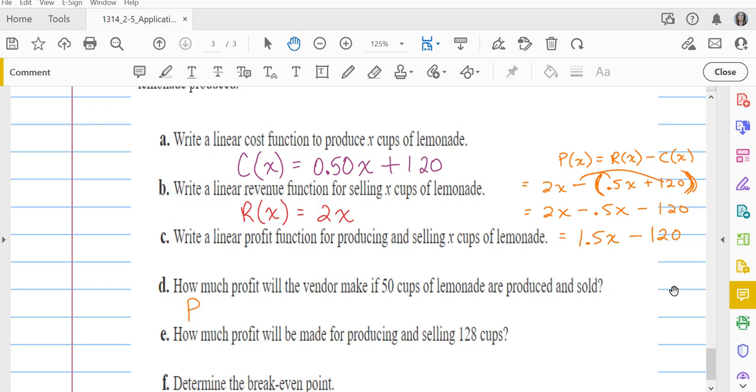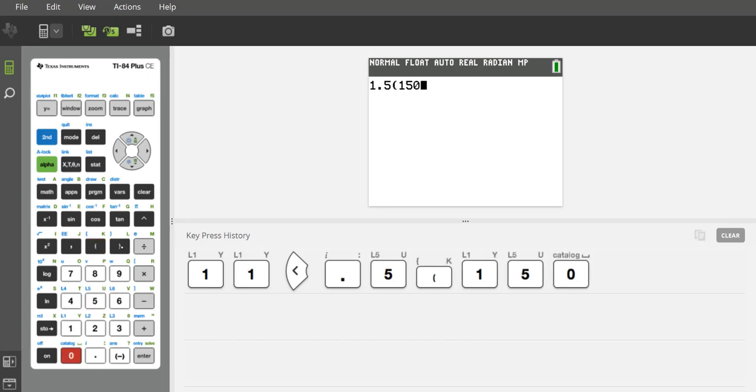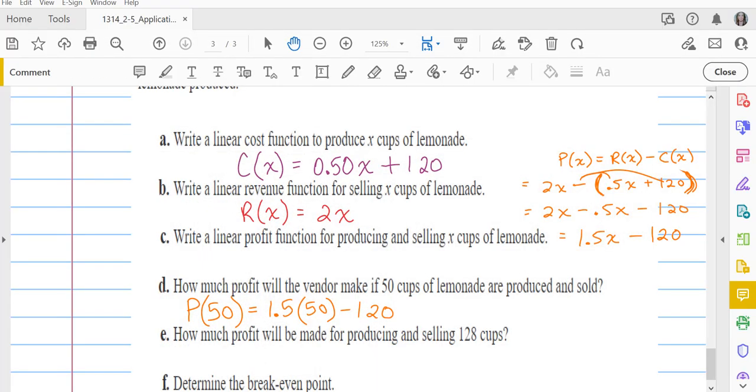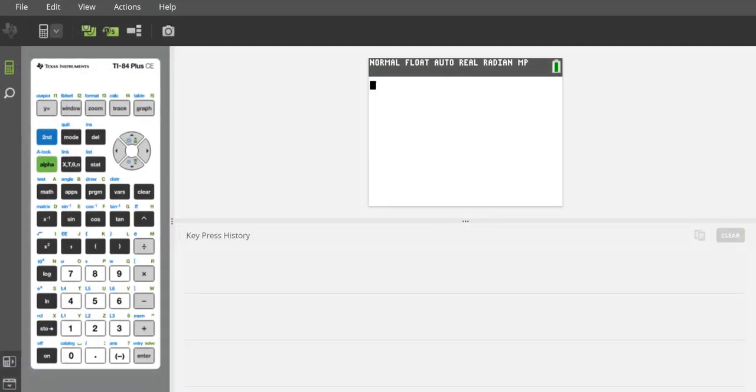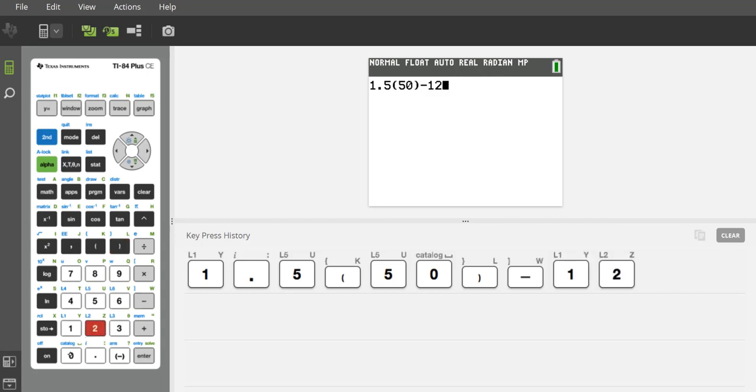It wants you to plug 50 in for X. So on my calculator, I'm going to type in 1.5 times 50 minus 120, and I get negative 45.